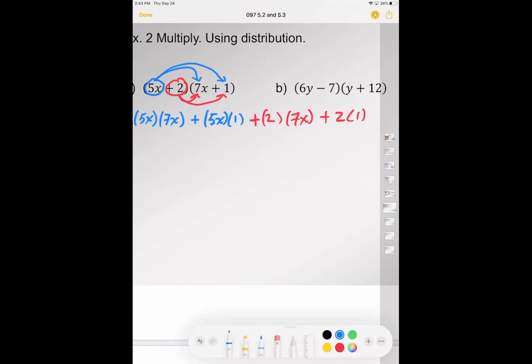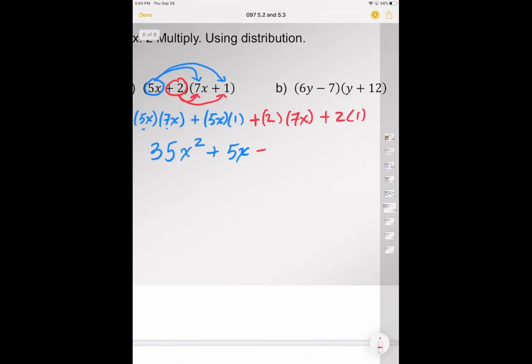Do you agree that 5 times 7 gives me 35, and x to the 1 times x to the 1 gives me x squared? Similarly, 5 times 1 gives me 5. Those are my 2 items from the 5. Secondly, 2 times 7 gives me 14, bring down my x, and 2 times 1 is 2.